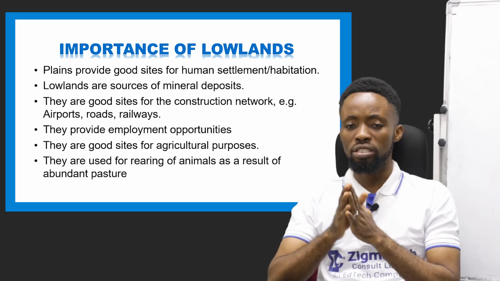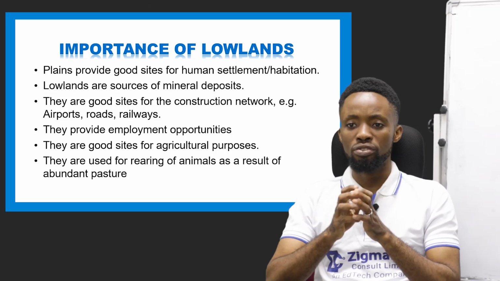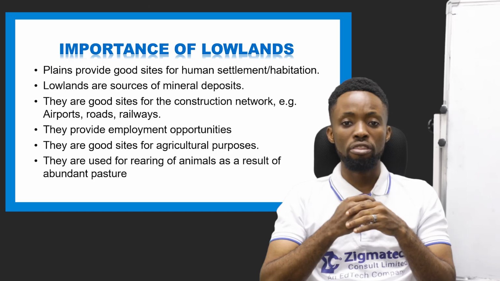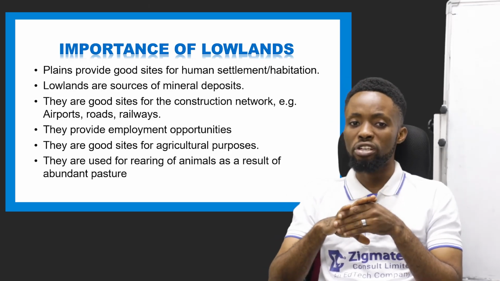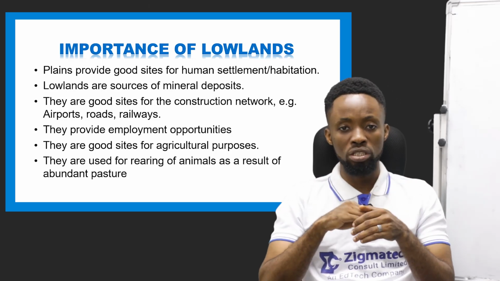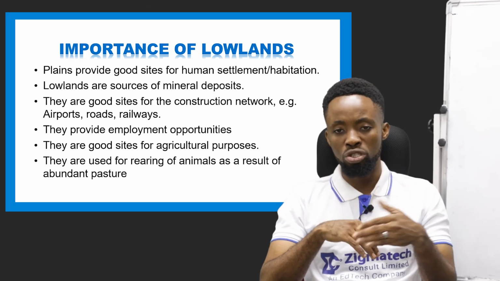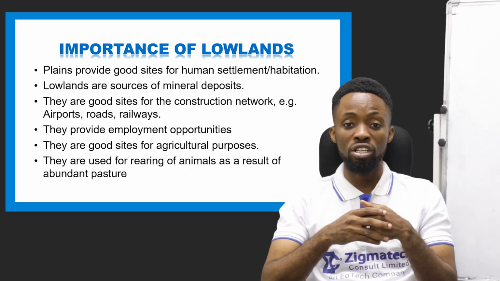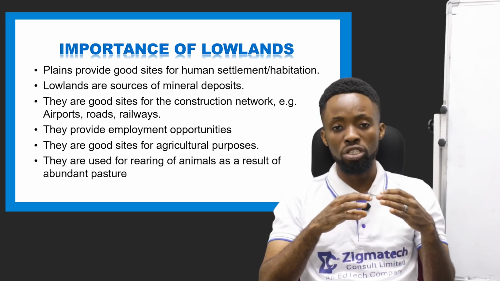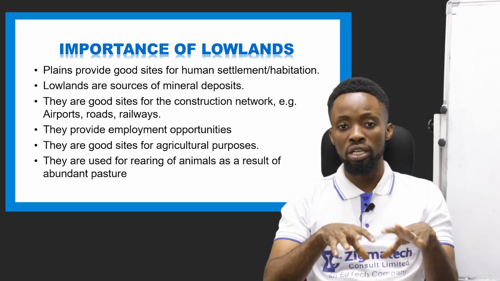The next relevance of lowlands is that they are good sites for the construction network. So in lowland areas, we have things like airports, roads and railways situated on these terrains. And they also provide employment opportunities. Employment opportunities can range from transportation to agriculture and other commercial activities, because all of these take place on lowland areas.